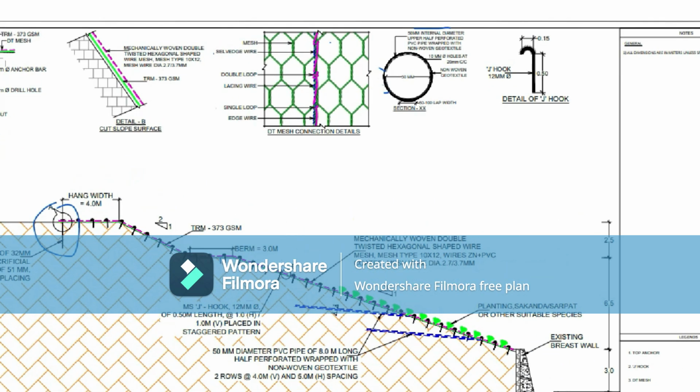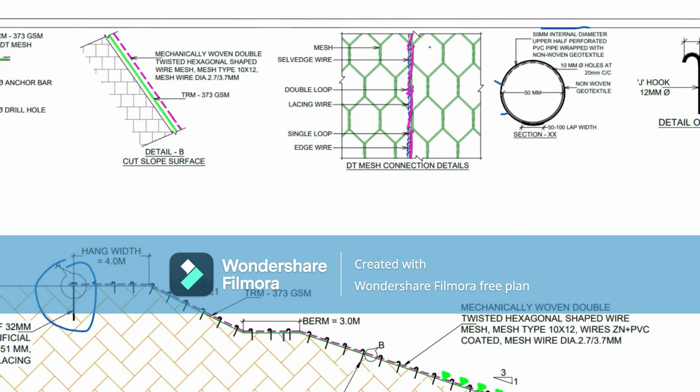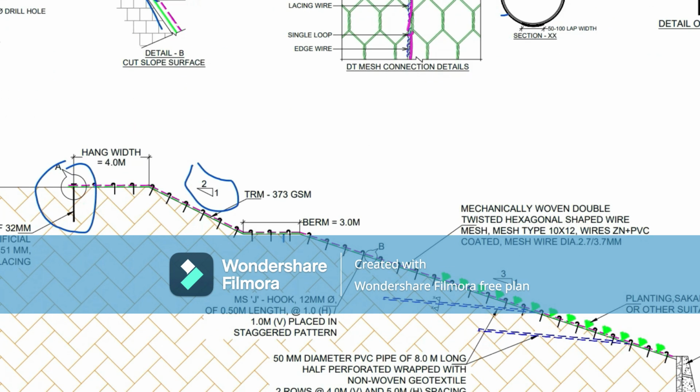And here we can see the mechanically woven double twist hexagonal wire mesh, 10 by 12, with wire mesh diameter 2.7 to 3.7 mm. At first they prepare the slope, 2 to 1 in this one and 3 to 1 in this one.